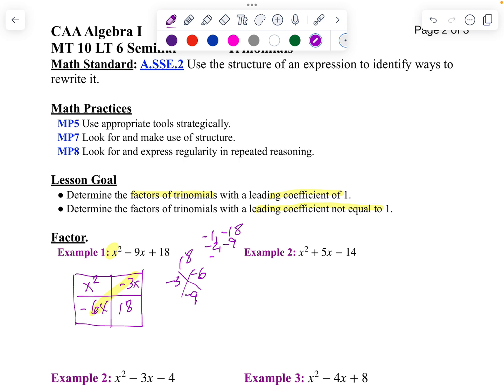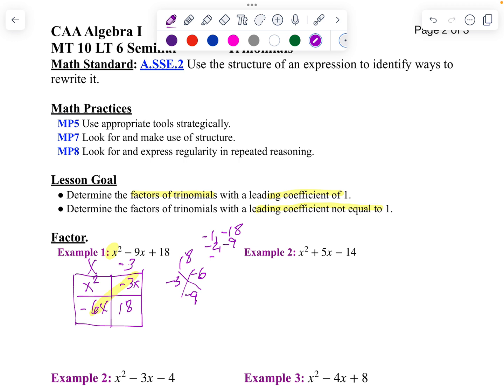So then I'm going to look for my greatest common factor. Going vertically, the thing that goes into x squared and negative 6x is x. Vertically, what goes into negative 3x and 18 is negative 3.